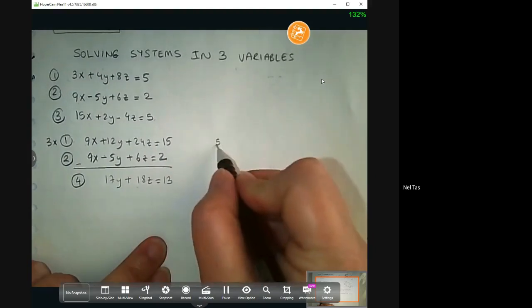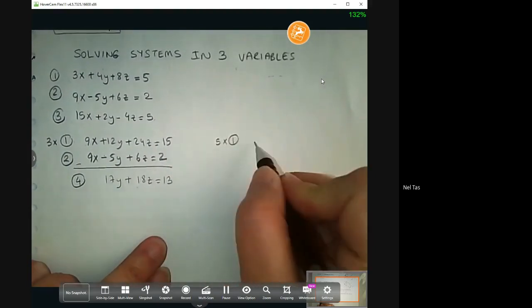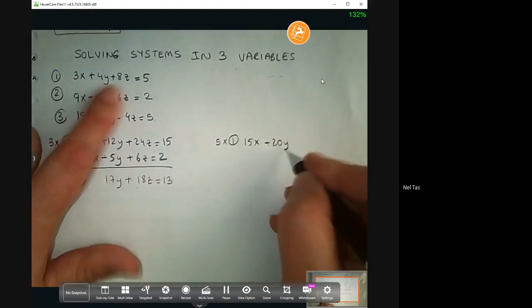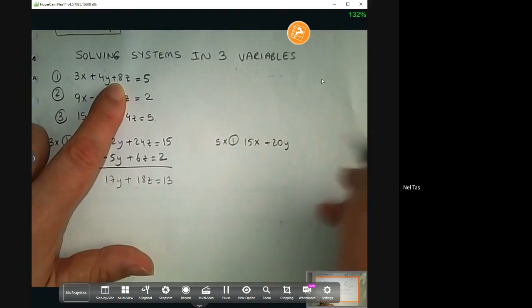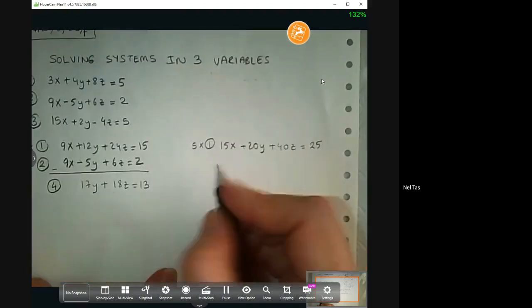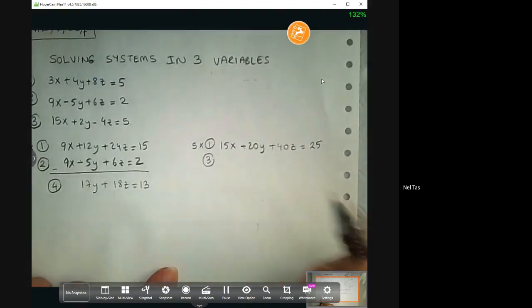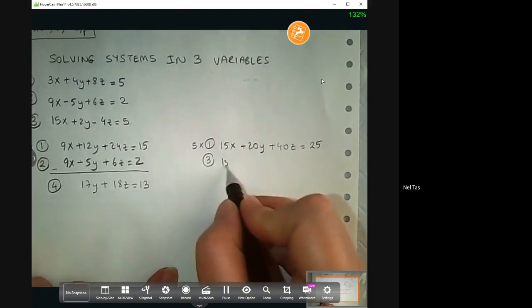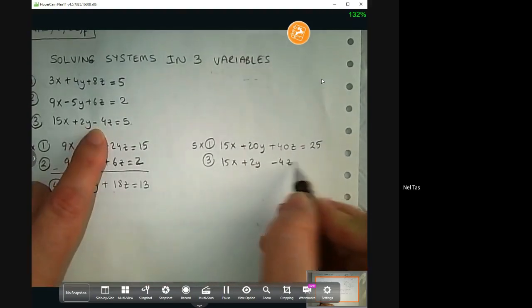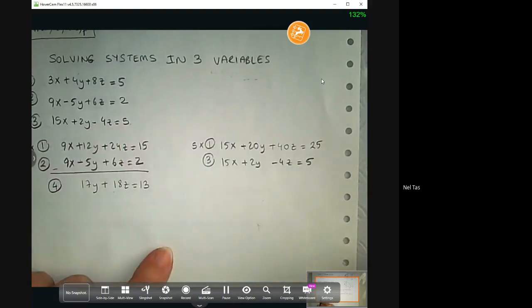So 5 times equation number 1 gives me 15x. 5 times 4y, 20y. 5 times 8z, 40z. 5 times 5, 25. And I'm using now number 3. 15x plus 2y minus 4z equals 5.